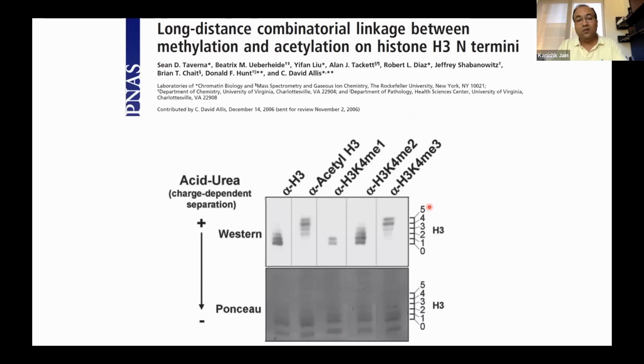And this is one of the earliest pieces of evidence, shown in 2006 or 2007 in PNAS from Dave Allis's lab, that shows the occurrence of K4 trimethylation with H3 acetylation in Tetrahymena. So this wasn't even in humans, just in Tetrahymena, right? And what our work goes to show is that biochemically there is a sort of sequence of events that happens.